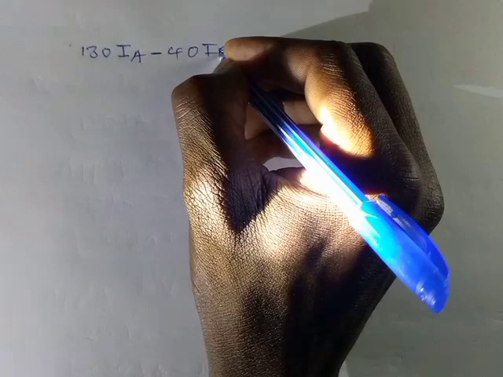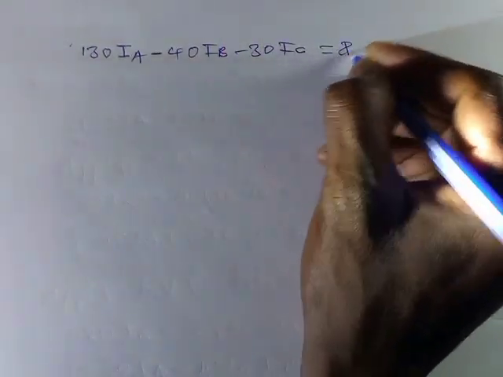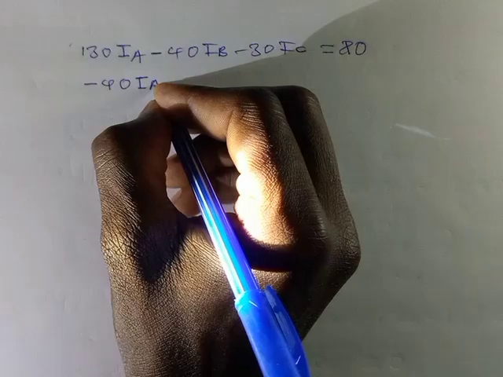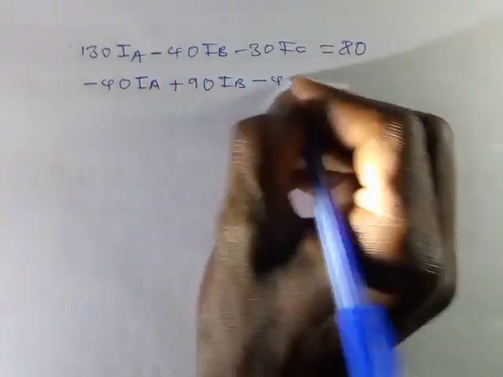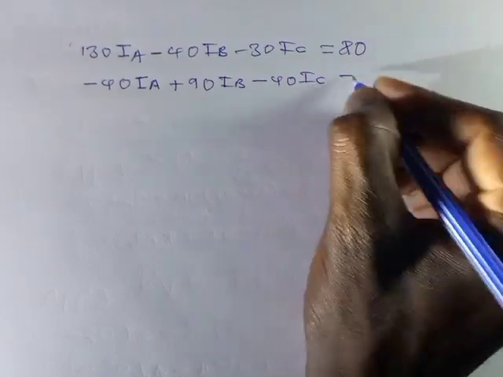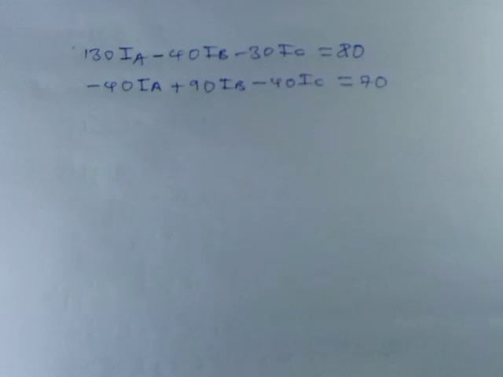So we have 130 IA minus 40 IB minus 30 IC equal to 80 as the first equation, minus 40 IA plus 90 IB minus 40 IC equal to 70 as the second equation.